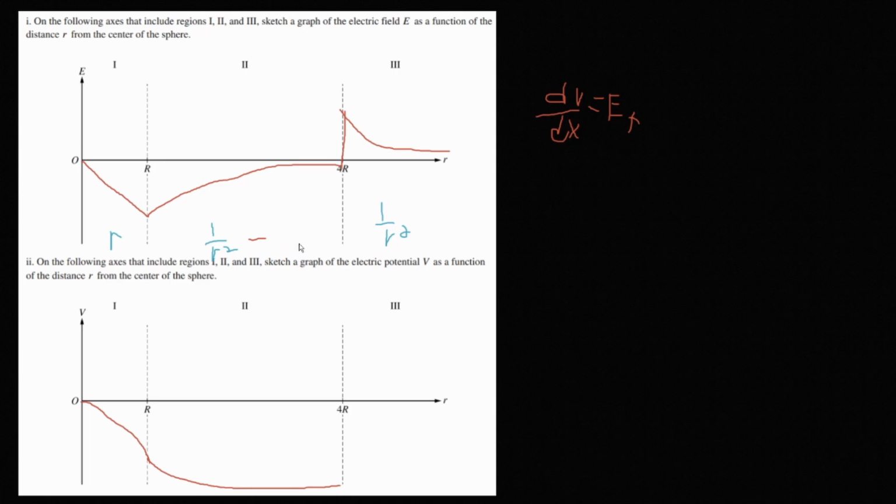I literally wrote that upside down. So it's going to decrease like that, and then at 4r, it's above the x-axis, so it's actually going to go up and decrease, and the voltage is going to get closer and closer to 0.